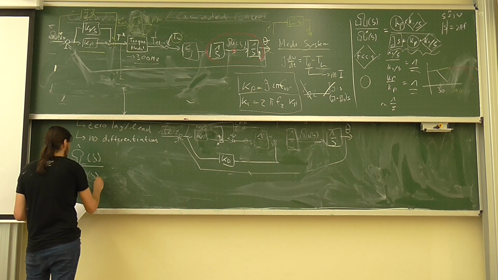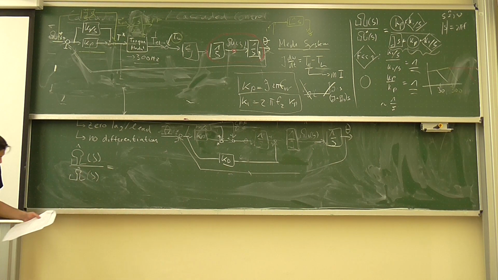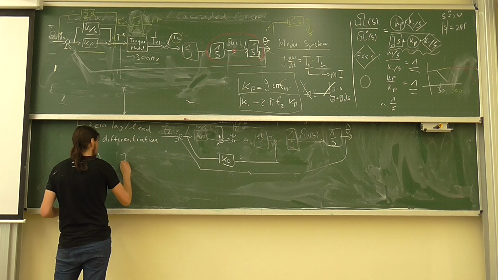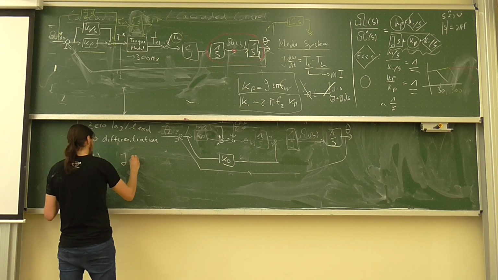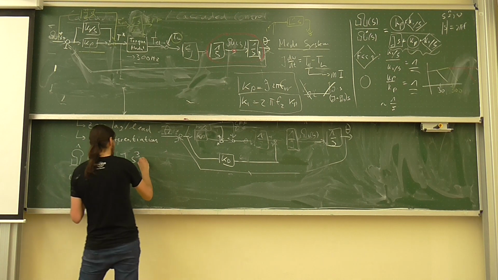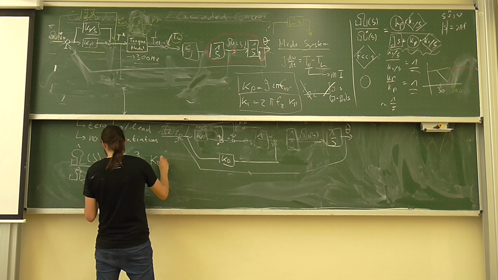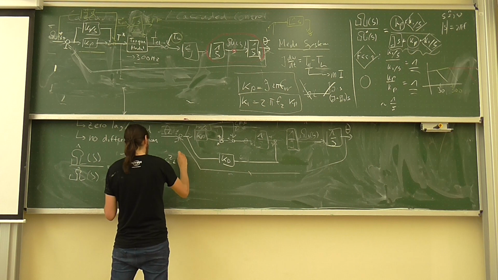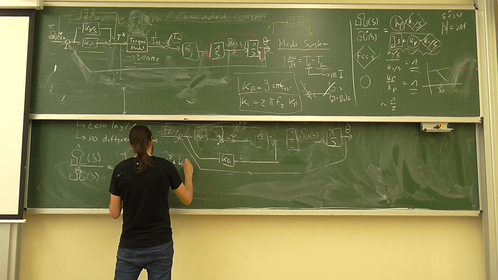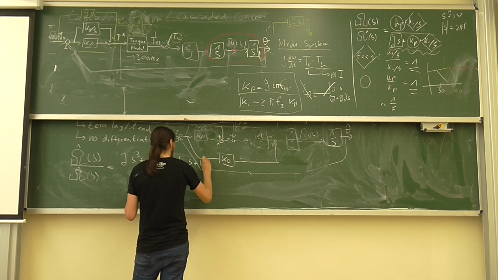I don't know if I solved for theta or omega, but the transfer function will be the same, just somewhere in S differently. But it will be J S^3 plus K_D times S squared plus KP times S plus KI.